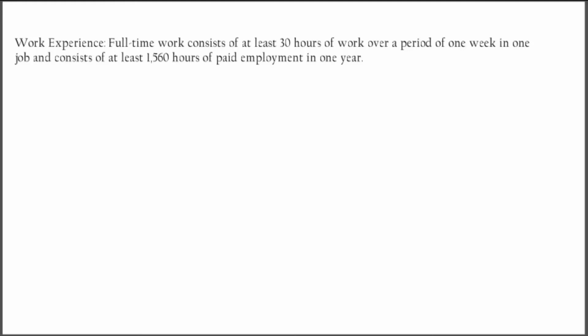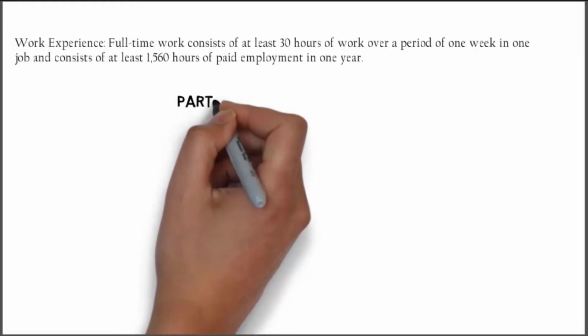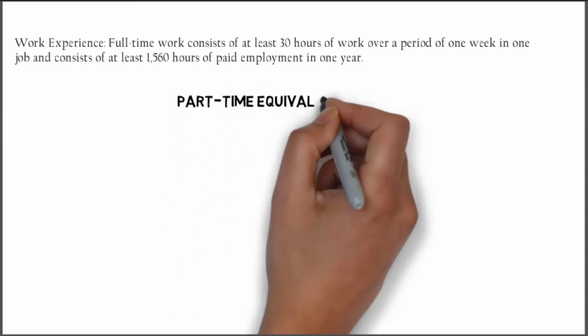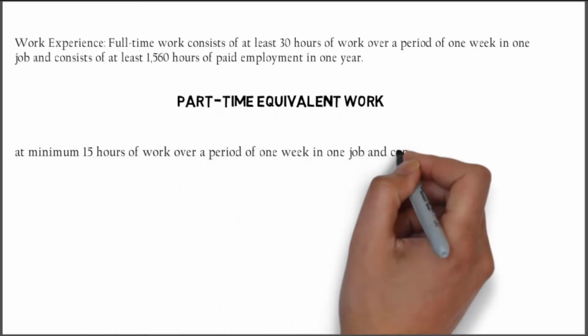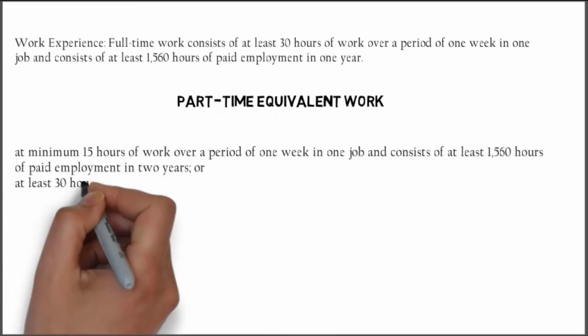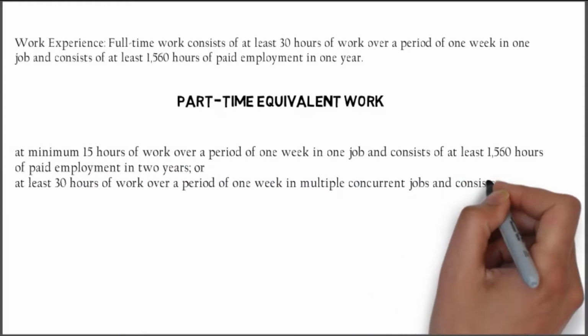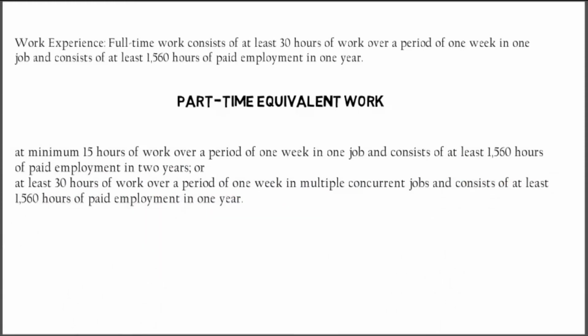That means you should have at least 1560 hours of paid work experience in 1 year. If we talk about part-time work, it is a minimum of 15 hours of work over a period of 1 week in one job and consists of 1560 hours of paid employment in 2 years, or at least 30 hours of work over a period of 1 week in multiple jobs and consists of at least 1560 hours of paid employment in 1 year.